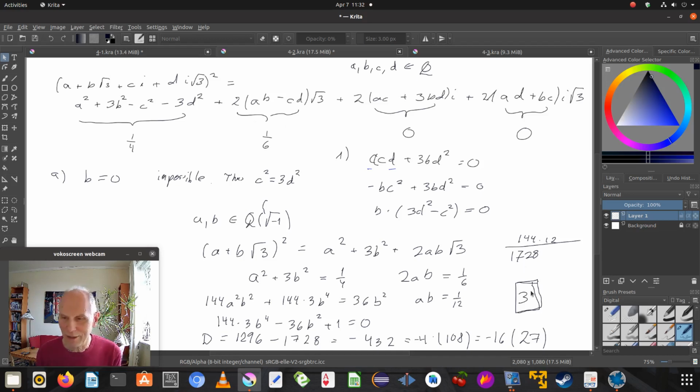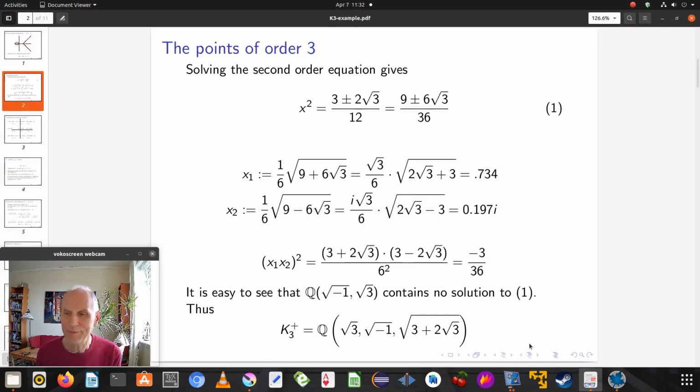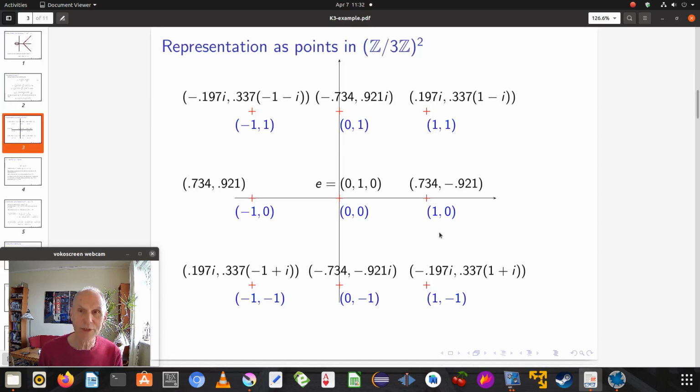All right. So this is K3 plus. And now we have made a quadratic extension, and a quadratic extension. So it's not difficult. Oh, and here we have the points, by the way, the ones I derived on the Maple sheet.